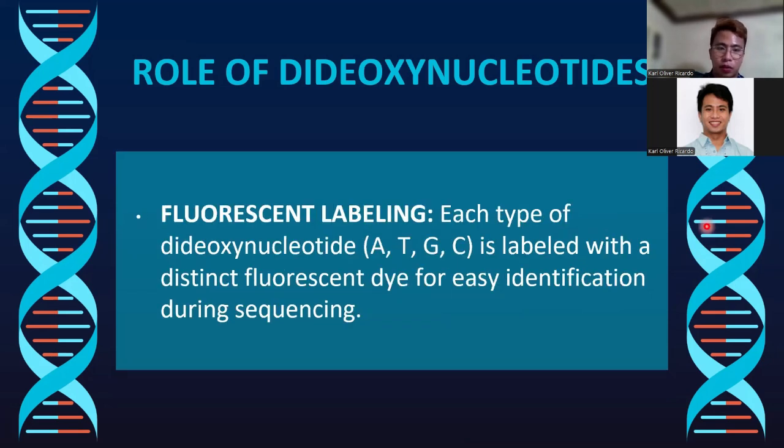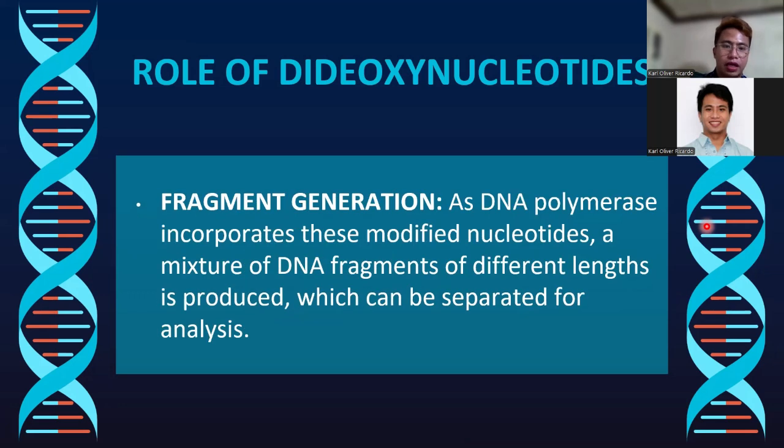Okay? And then another one is fluorescent labeling. Each type of dideoxynucleotide, adenine, thymine, guanine, and cytosine, is labeled with a distinct fluorescent dye for easy identification during sequencing. That's why, if you noticed earlier in my previous slides, their arrows are different depending on the specific color of each one. Okay?